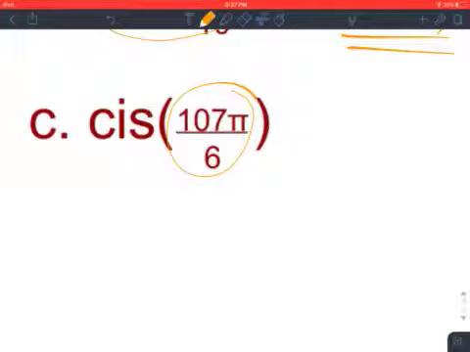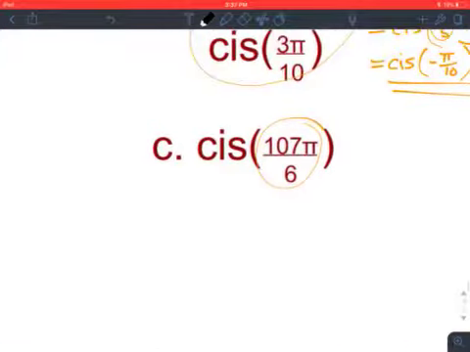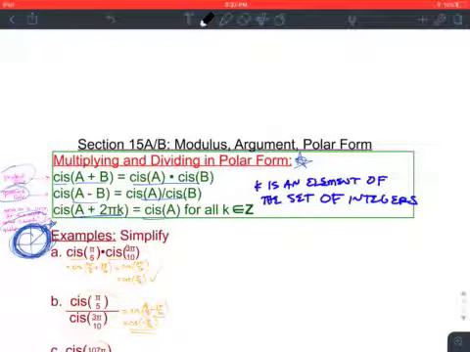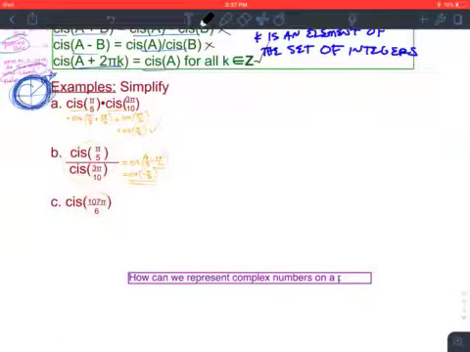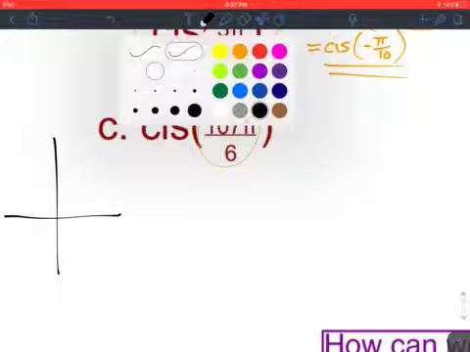CIS 107 pi over 6. Now, this one you have to think about for a second. If you look back up here, this does not apply, this does not apply, and this is the only one that would apply. So we want to think about this as being 107 pi over 6.